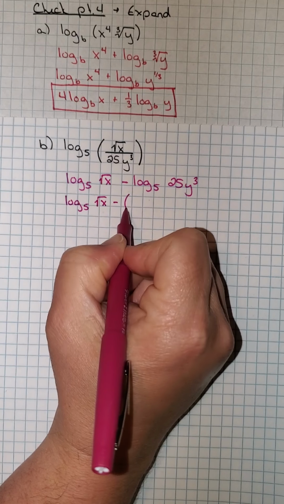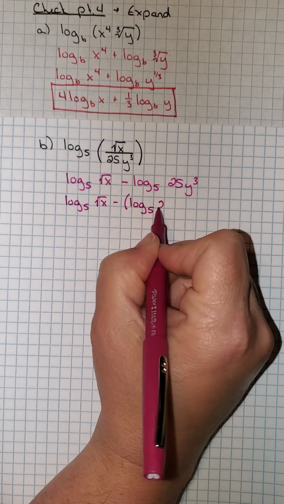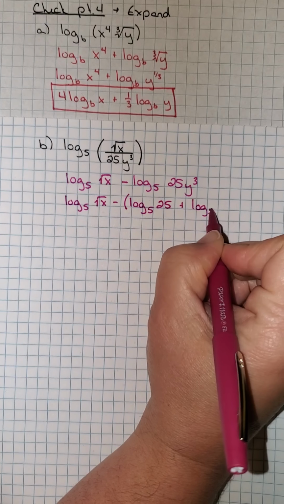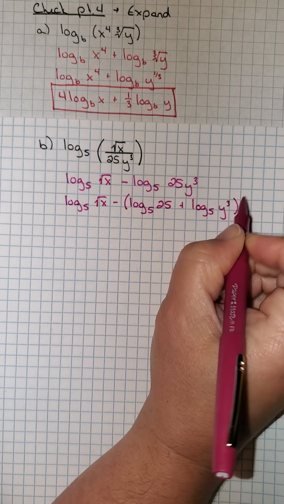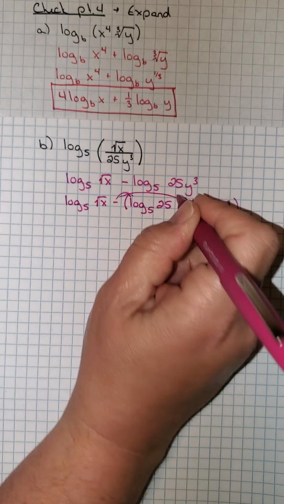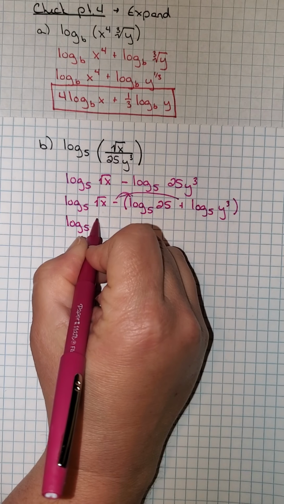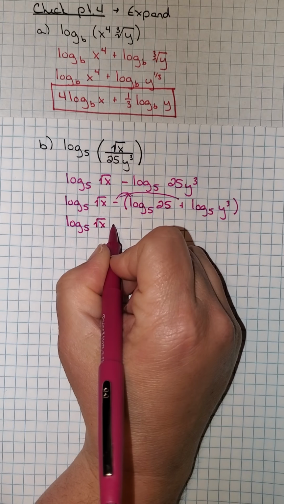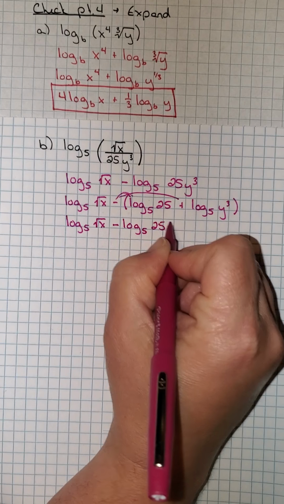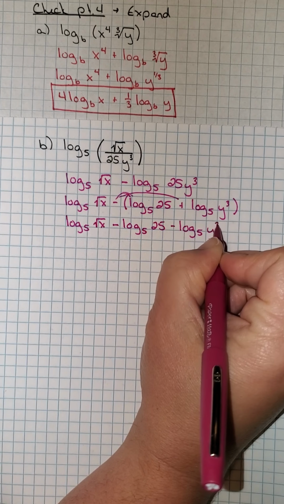So you have minus, and then you really do need a parenthesis. Log base 5 of 25 plus log base 5 of y to the 3rd. So what ends up happening is this minus needs to get distributed to both. And you would have log base 5 of the square root of x minus log base 5 of 25 minus log base 5 of y to the 3rd.